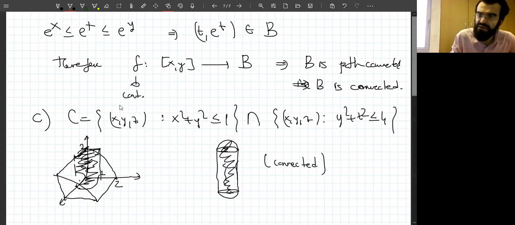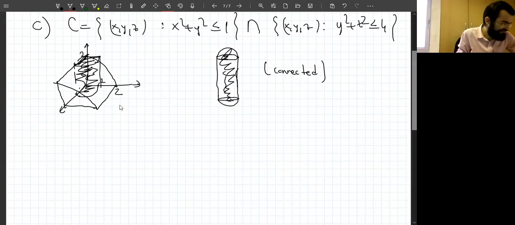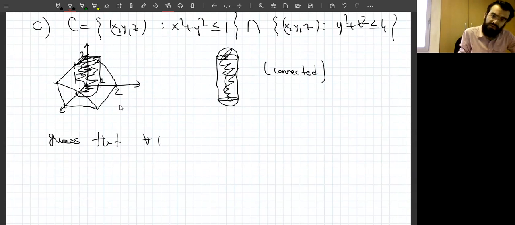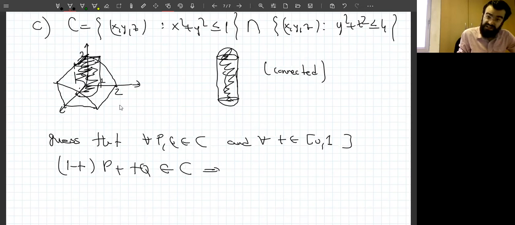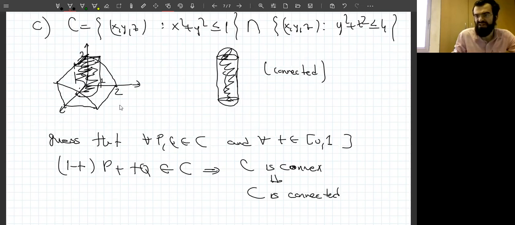But how? I will show. We need for all P, Q in C and for all t in [0,1], (1 minus t)P plus tQ is in C, which implies C is convex, which implies C is connected. But how? Let me write it algebraically.